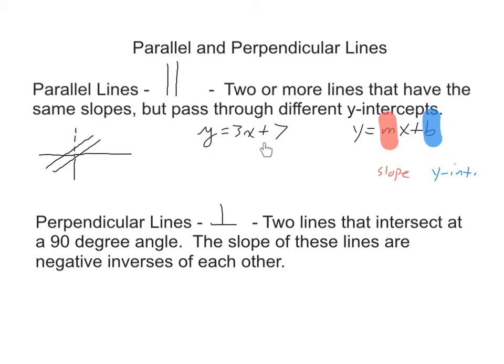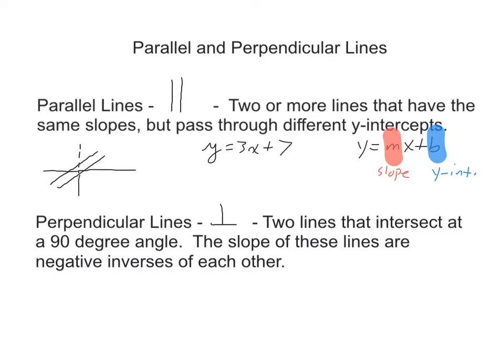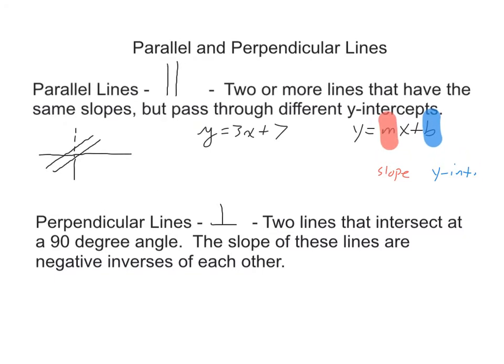So if we've got this equation here, y equals 3x plus 7, and we have y equals 3x minus 9, if we look at the slopes on these, they're the same.